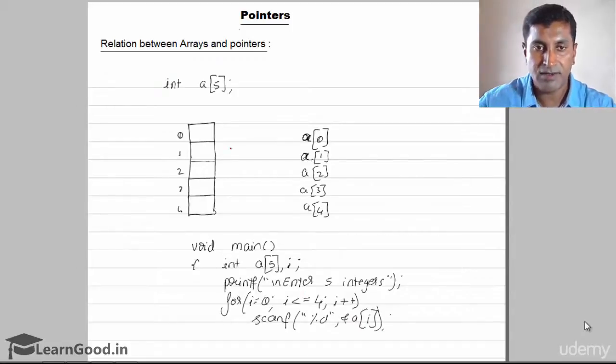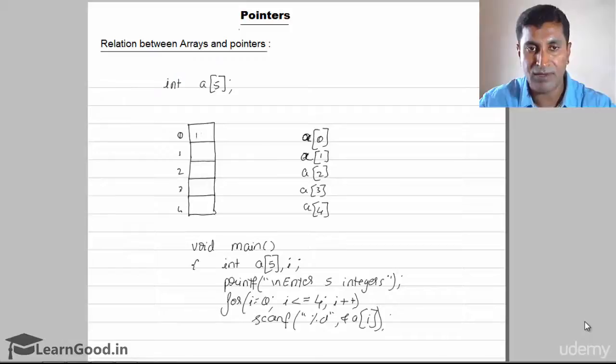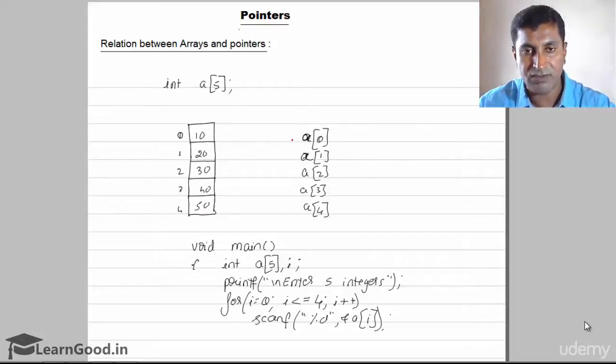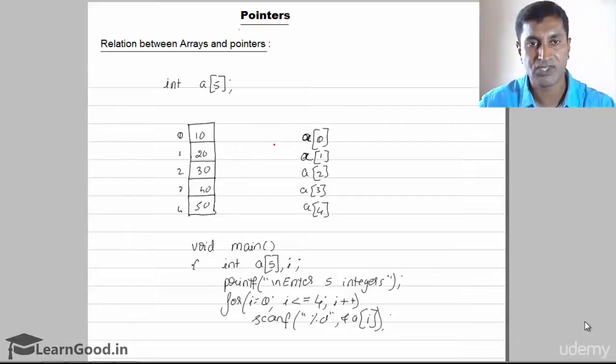So this will read 5 integer values. Let's assume the value given in a of 0 is 10 and a of 1 is 20, and likewise 30, 40 and 50. To display the first location value, we can give printf a of 0. The second location value can be given as a of 1, a of 2, a of 3. This is what we have discussed till now.